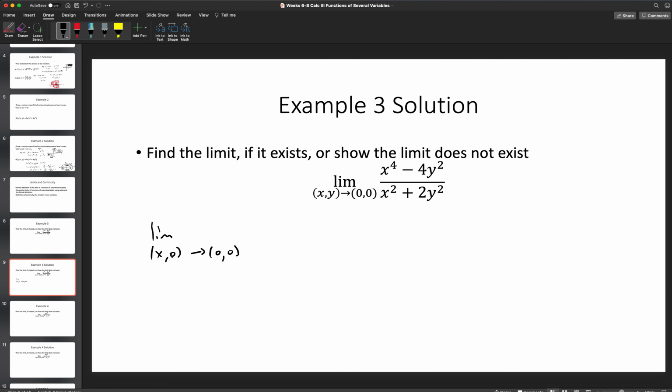I'm letting y be 0. So if y is 0, then you have just x to the 4 divided by x squared, which we all know is just x squared.